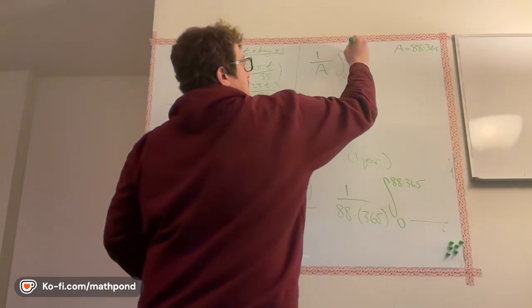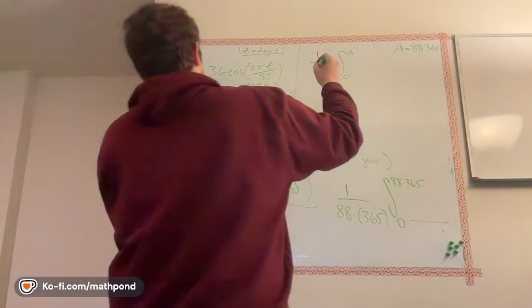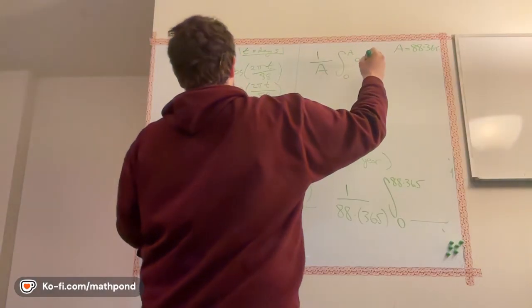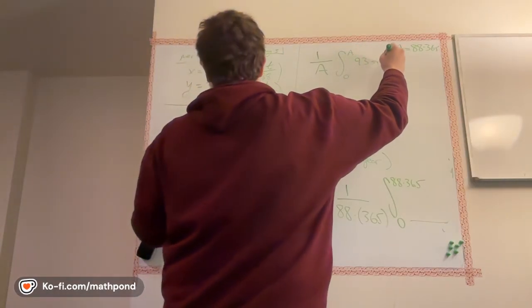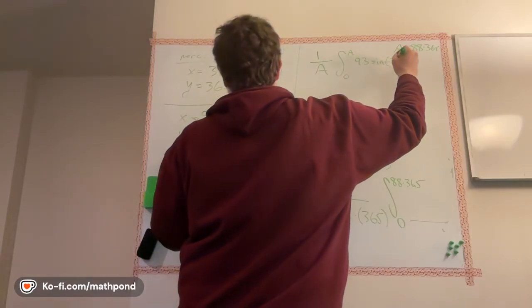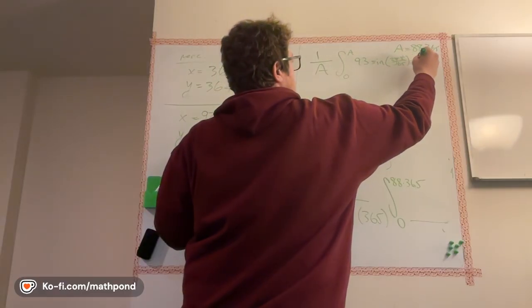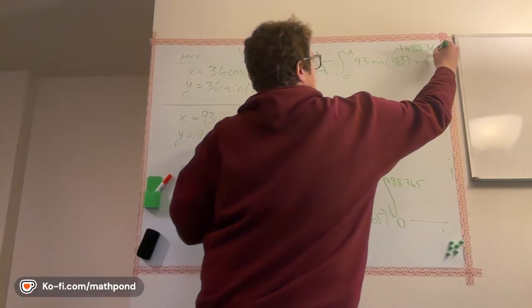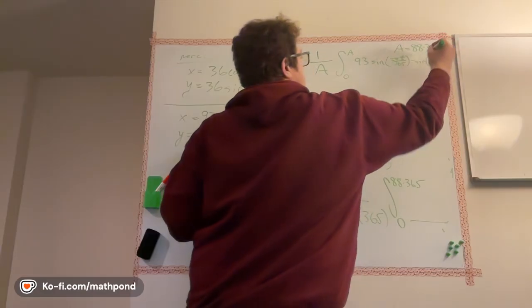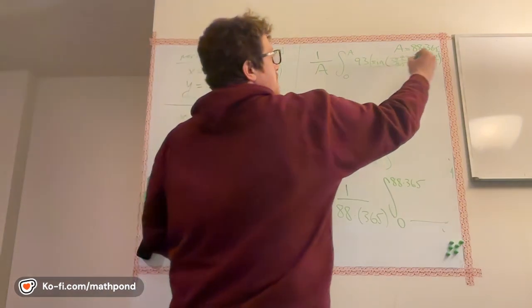Integral from 0 to A of the distance, so 93 sine of 2 pi t over 88, or over 365, minus sine of 2 pi t over 88, the whole thing squared.